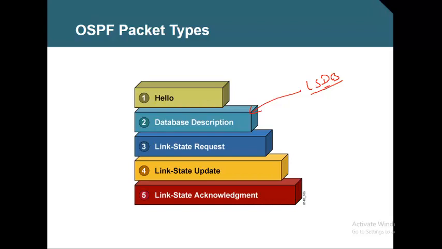Next is the LSR, link state request. Link state request is made during the adjacency state. For example, a router is sending its LSDB, sent in the form of a summarized DBD.